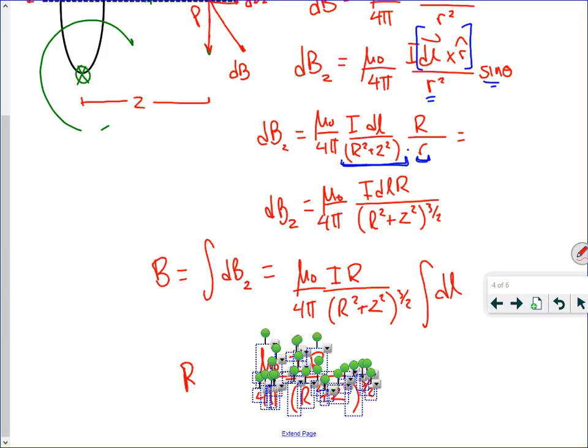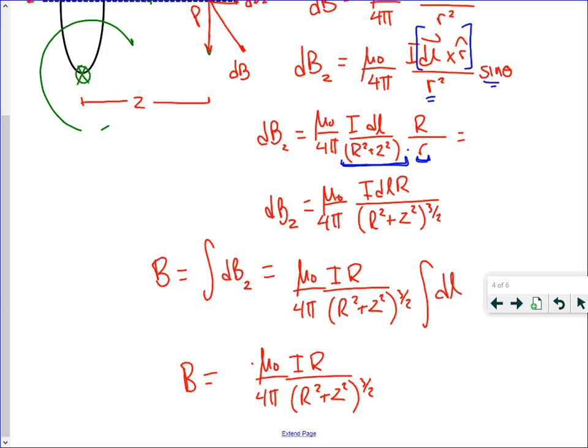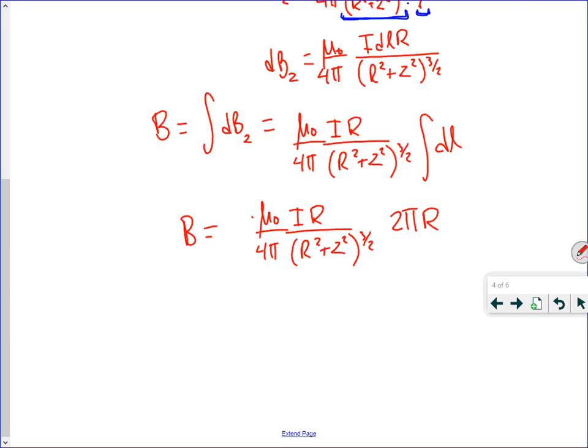So B equals that stuff times the integral of dl, which is 2 pi R. The pi's go, we end up with a 2 there, and then we're almost there.